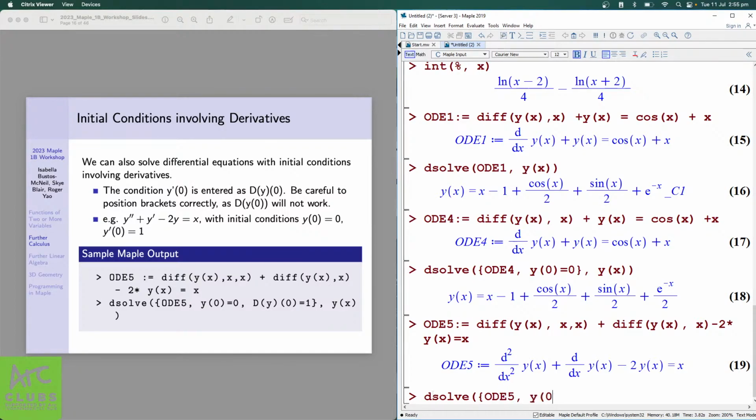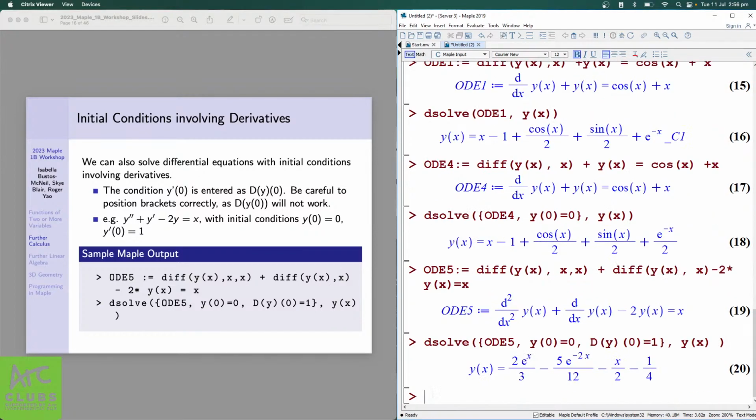And so here we're entering in our initial conditions, so it's y of 0 equals 0. We also have dy of 0 is equal to 1. Like so, and it solves it with respect to all of our initial conditions.